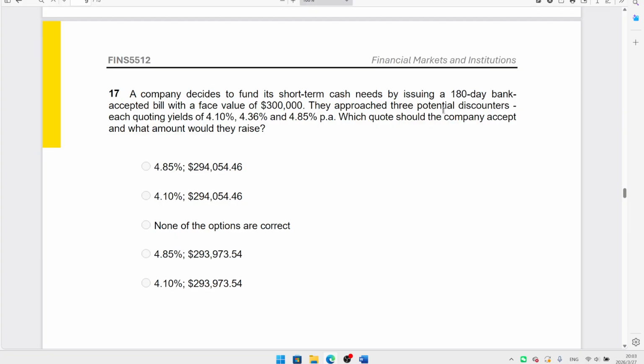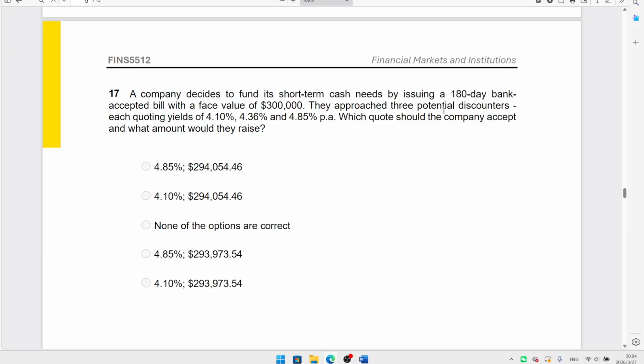I have no idea what to do with this. The formula is: the price is the face value divided by one plus the yield to maturity times days over 365.